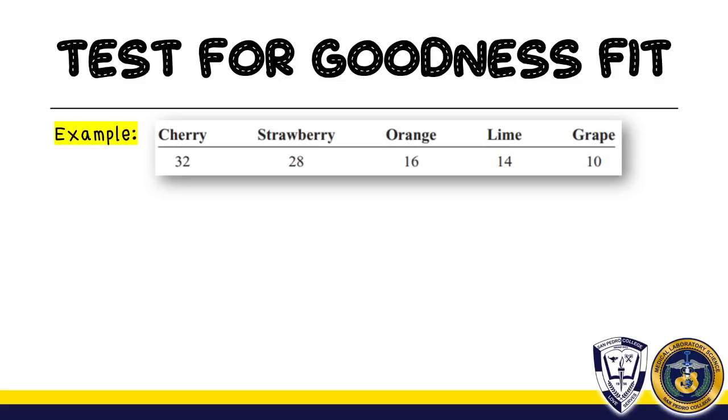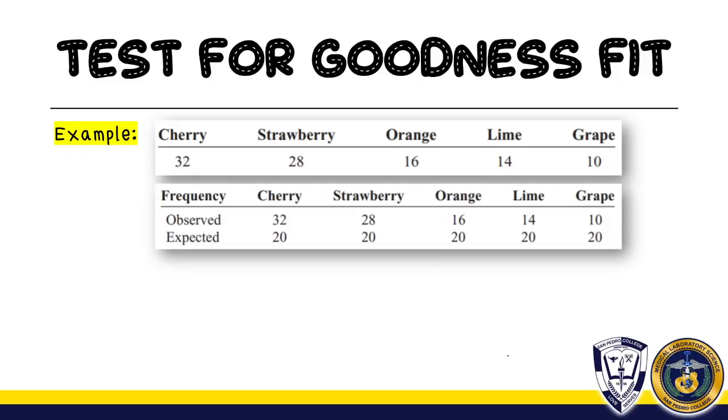So for a certain day, you counted kung ilan yung customers na bumili ng bawat flavor, and you have such data. For cherry may 32, strawberry 28, orange 16, lime 14, and grapes 10.